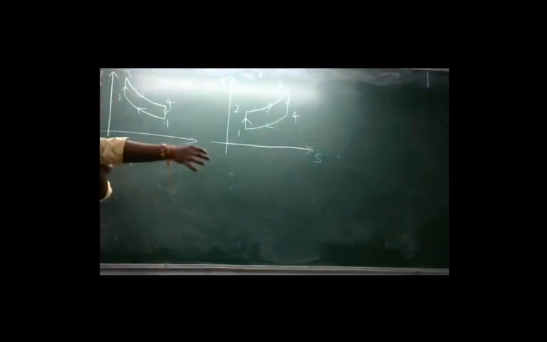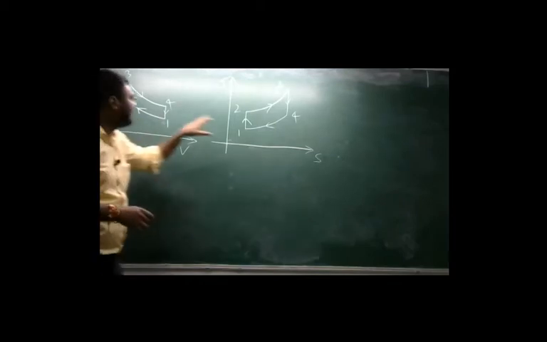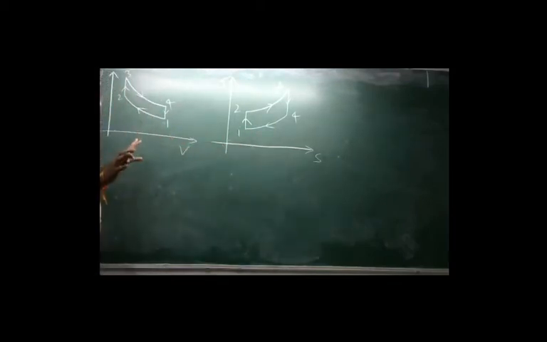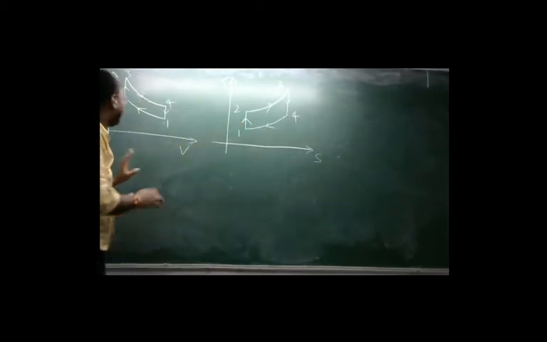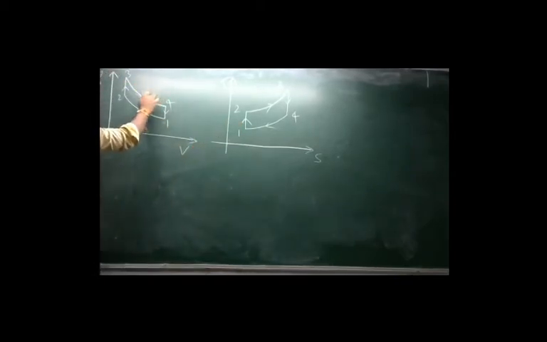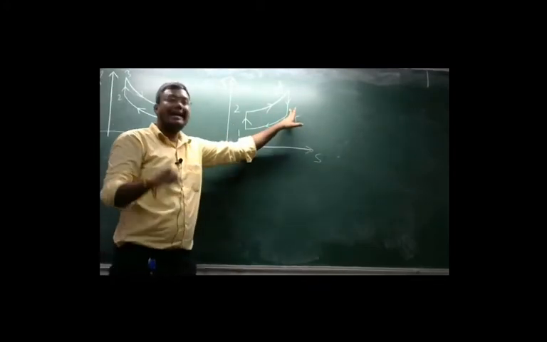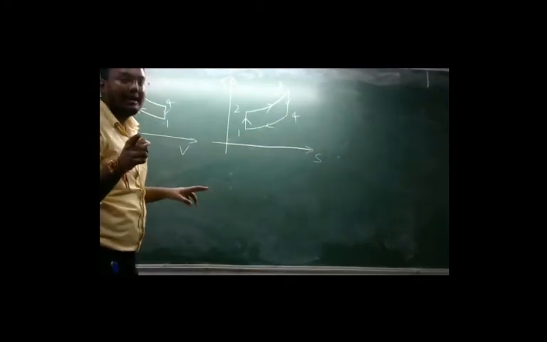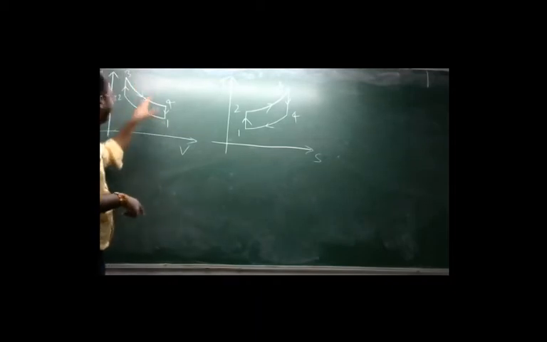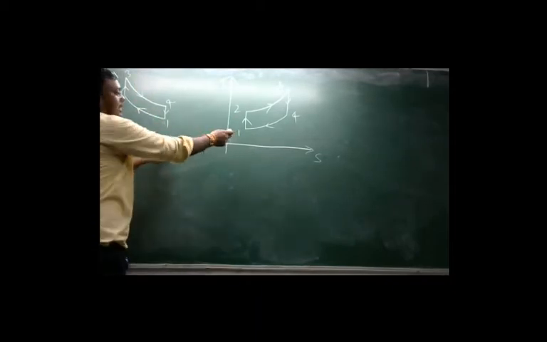A simple way of understanding the relation between the PV and TS diagrams is this: processes which are shown by a curve on the PV diagram are shown by a straight line on the TS diagram, like 1 to 2 and 3 to 4. And processes which are shown by a straight line on the PV diagram are shown by a curve on the TS diagram.